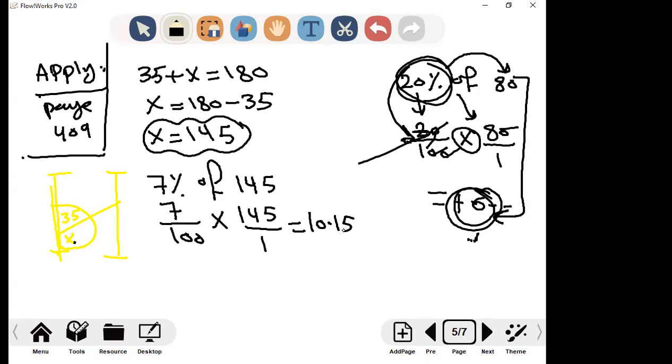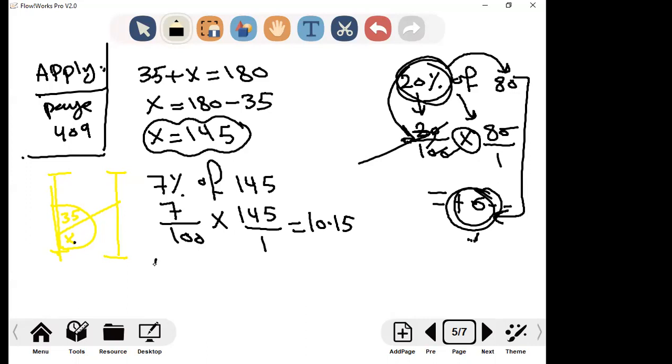The engineers want to make X smaller by 7%, okay? So what I did, I found how much the 7% of X is. X should be less by how much? So what will I do to find the new angle? I will subtract, right?